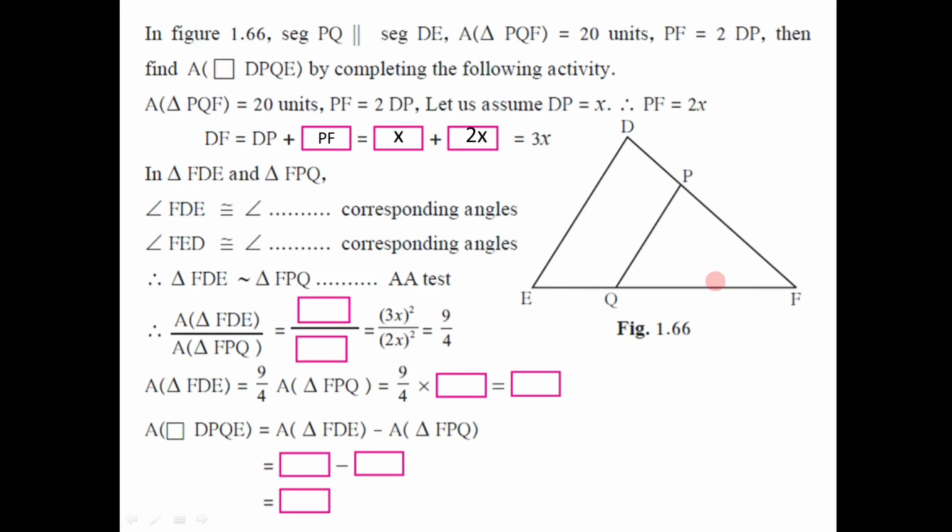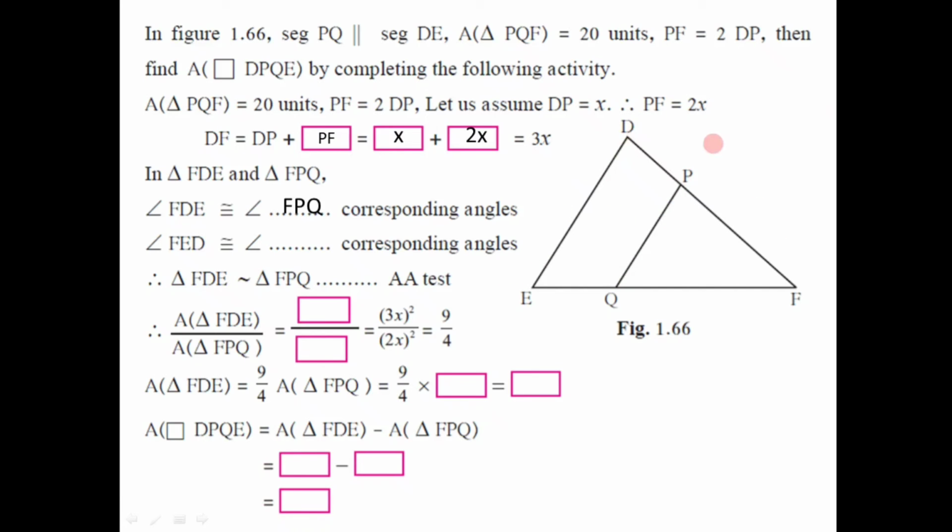Now consider triangle FDE and triangle FPQ. For these two triangles, we have to collect pairs of congruent angles. Angle FDE must be congruent to its corresponding angle, which is FPQ, as it is given that PQ is parallel to DE.